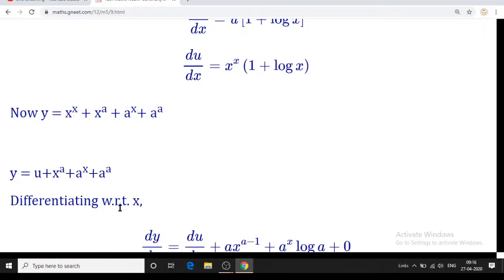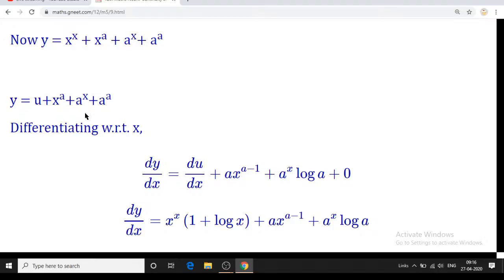Now when we differentiate with respect to x, we get dy by dx is du by dx plus, the derivative of x raised to a becomes a x raised to a minus 1, that is a direct formula. Then the derivative of a raised to x is a raised to x log a, and here a raised to a is a constant, so its derivative becomes 0.